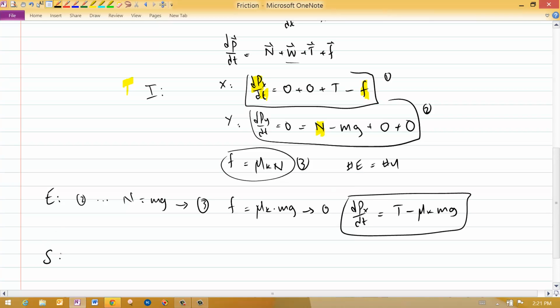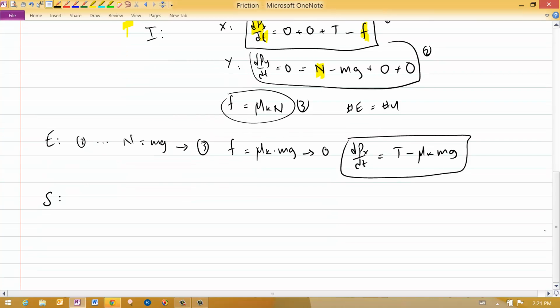So now the skeptic review. The units of my answer, dp/dt, have got to be kilograms meter per second, that's the units of the momentum, but then if I take a rate of change of that, I get 1 over second, so that's the same as a newton.